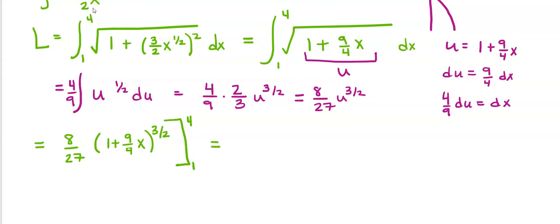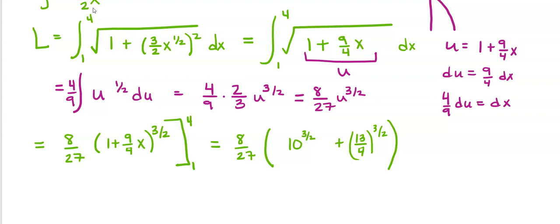So we would end up with 8 over 27 times, and if we were to plug a 4 in there, that would be 10 to the 3/2 power. If we were to plug a 1 in there, I believe that would be a 13 over 4 to the 3/2 power. So I just kind of got a common denominator there when I added 1 plus 9/4 together.